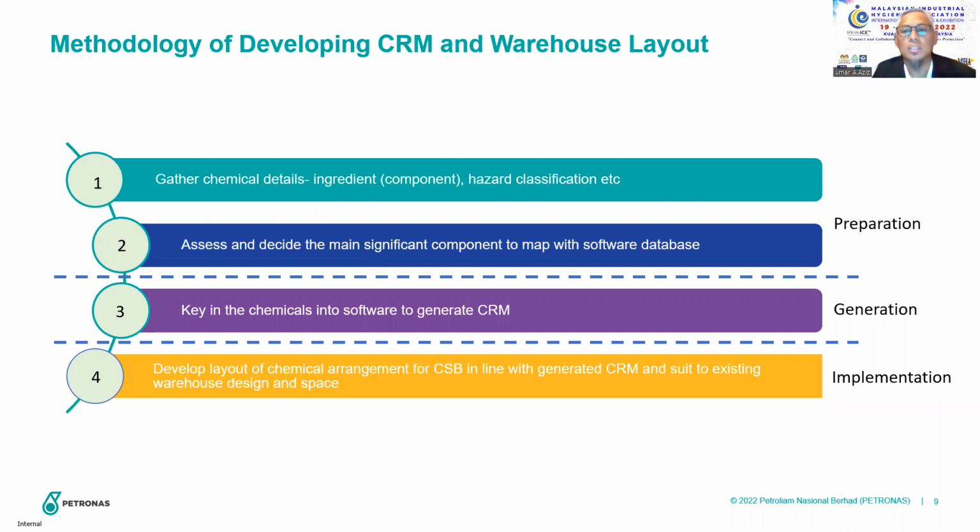The first two steps are preparations that we have to do before we use the software to generate the CRM. The third step is to key in the chemicals into the software to generate the desired CRM. Lastly, we have to develop the chemical arrangement or layout in the CSB in line with the CRM. During this stage, we have to do some adjustment so that the chemicals can be suited into the spaces in the warehouse.